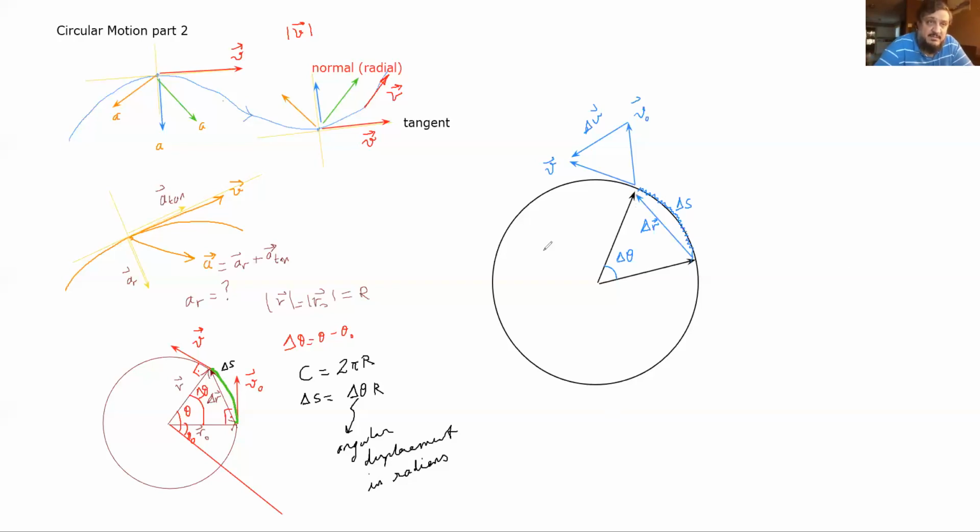Now, what is this angle right there? How do we find that? Now, remember, this line here is obtained by carrying this line, the tangent, parallel. It doesn't look like a tangent, but it is. But this line makes 90 degrees with this.